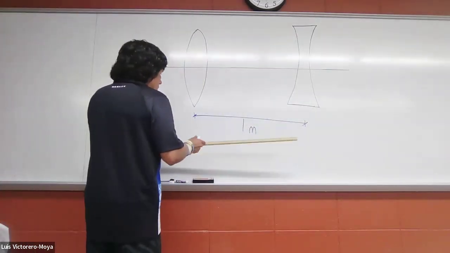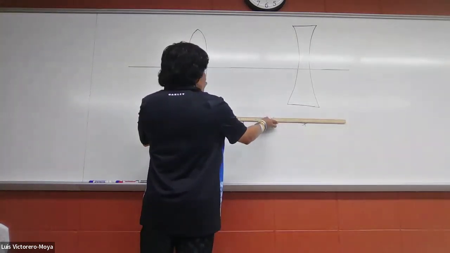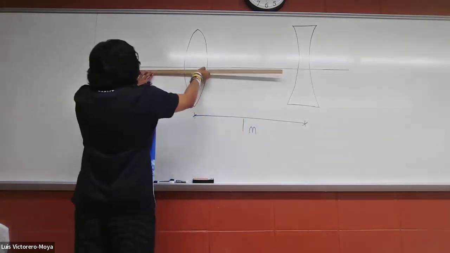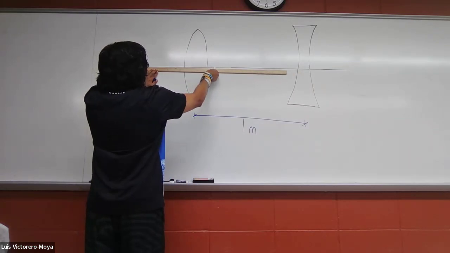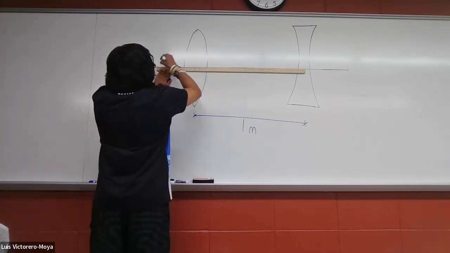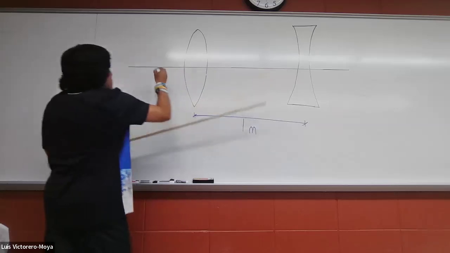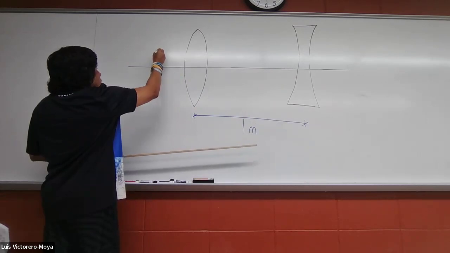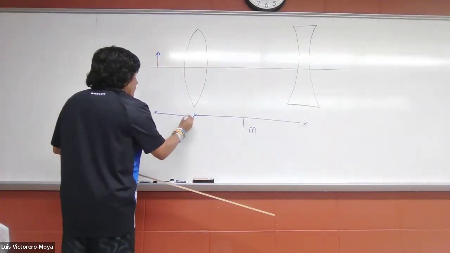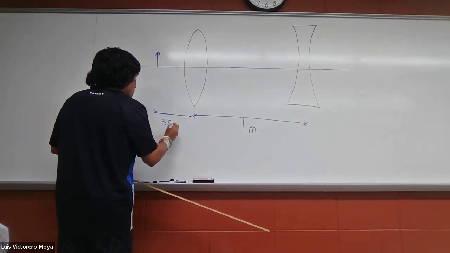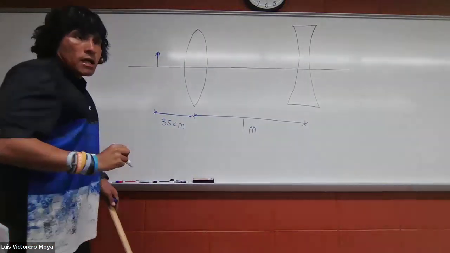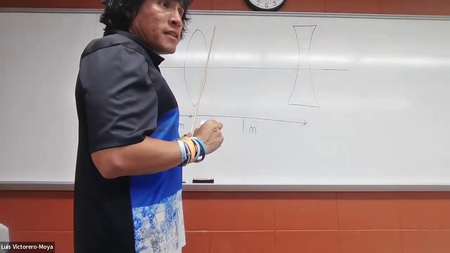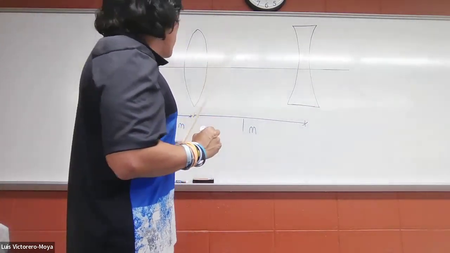That the object distance is about 35. About here. So that's the distance, 35. And the focal length of this lens, of the convex lens, is 25.